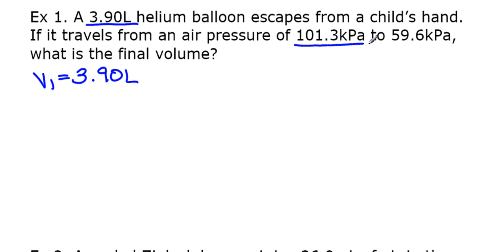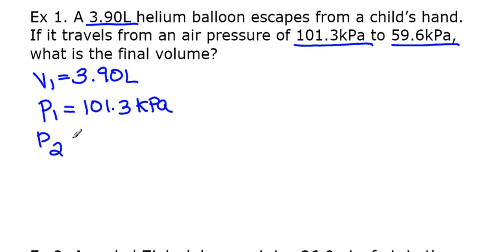It starts off at a pressure of 101.3. That's P1. And since it's changing to 59.6, that's P2.